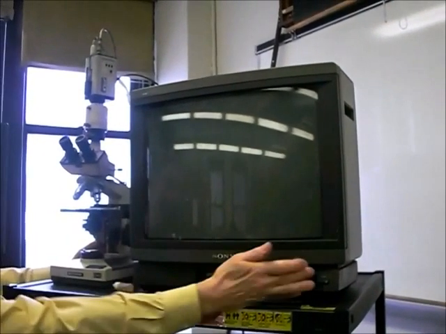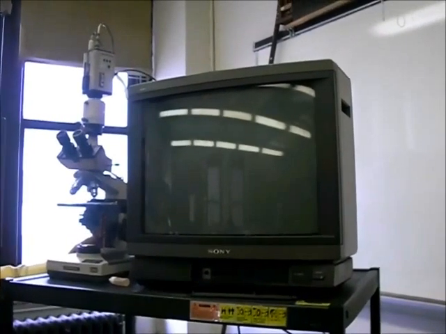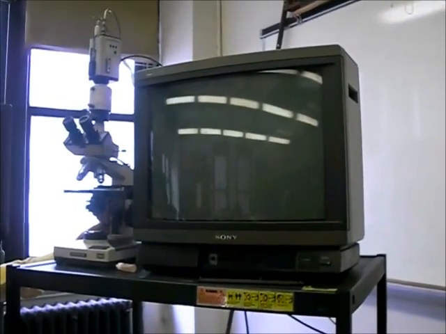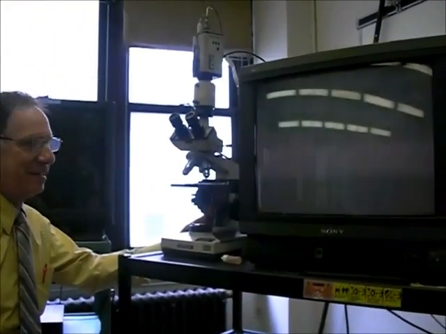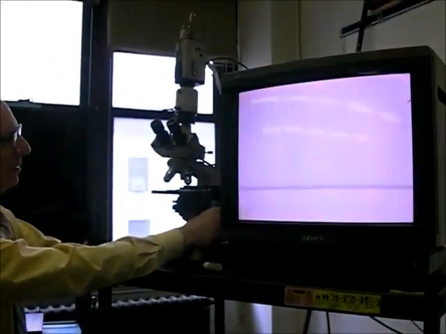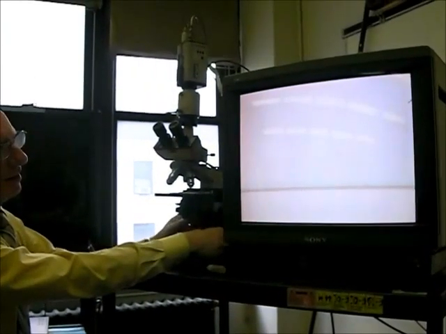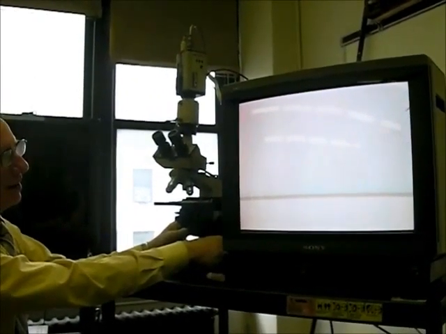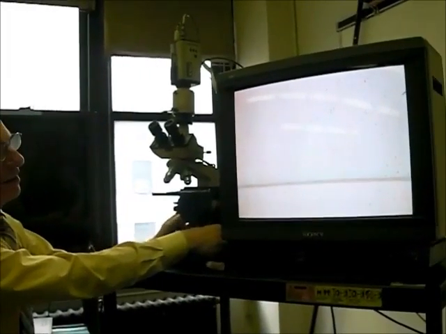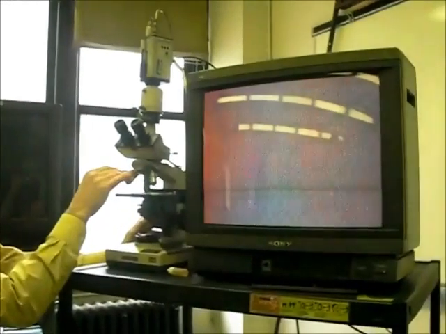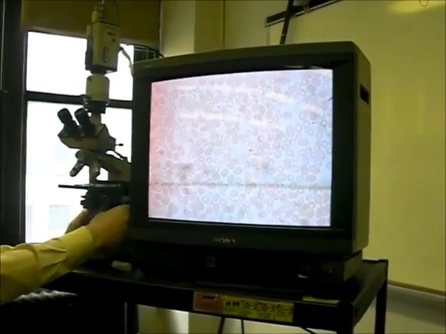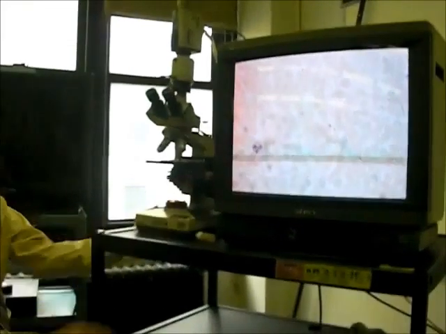It's off. Turn it off. What do you think that is? Looks like blood. The blood smear. That's a blood smear. Okay.